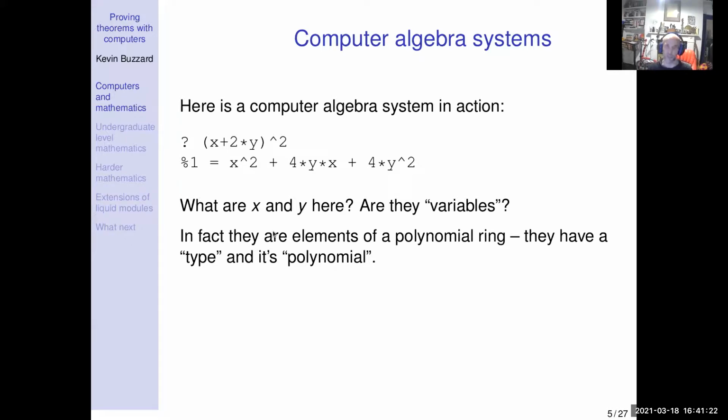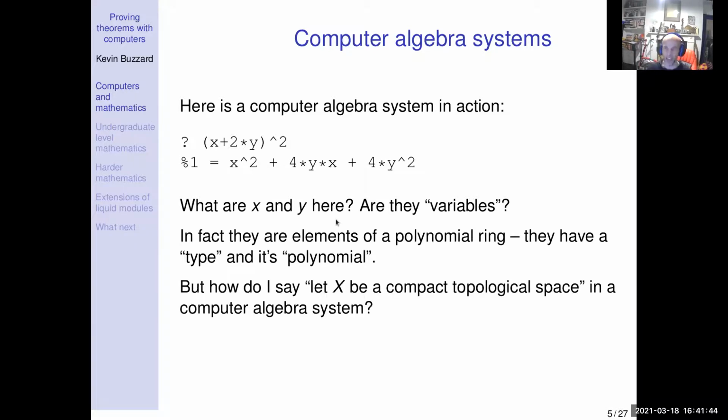And then if you start doing other things to them, if you take the sine of 30 degrees, the computer system will print out a real number, but you can take the sine of x in this system, and it will just print out a power series, and then the type of x will quietly change from a polynomial variable to a power series variable.